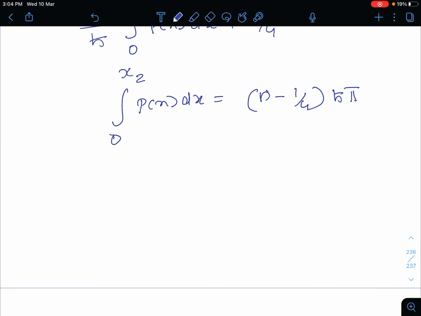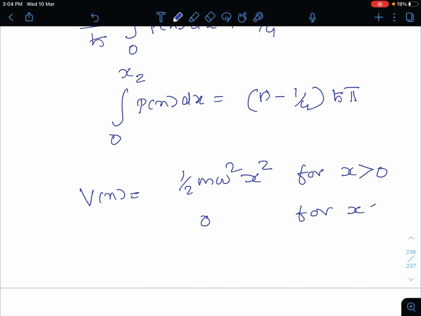Now, suppose there is a half harmonic oscillator, a harmonic oscillator only on one side. So that means V of x is equal to half m omega square x square for x greater than 0, and it is equal to 0 for x less than 0, or otherwise.